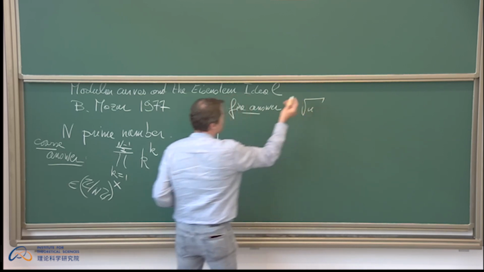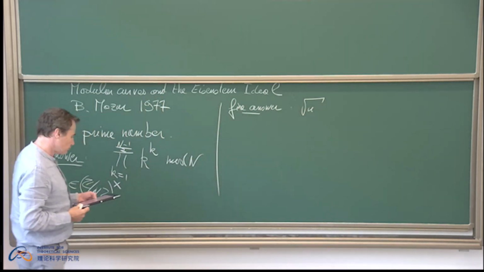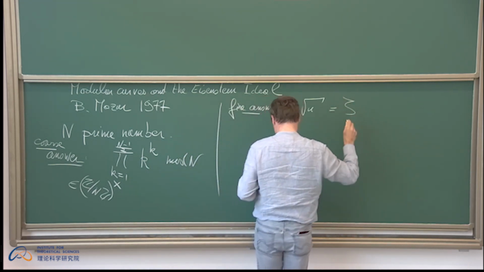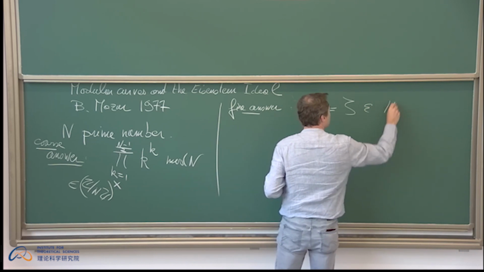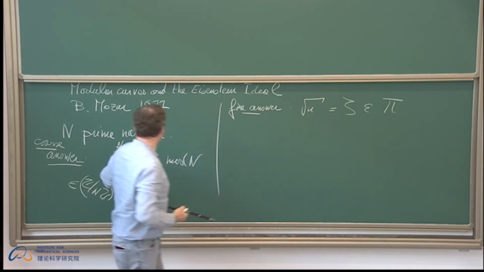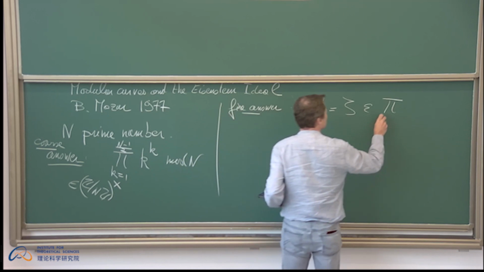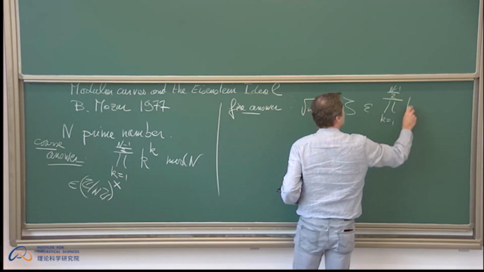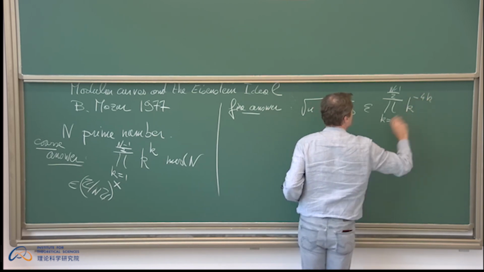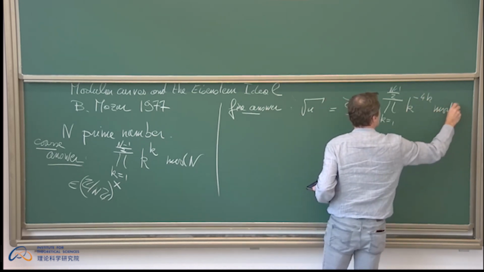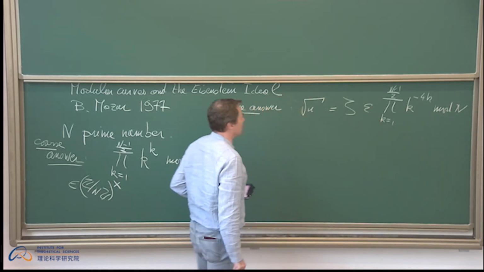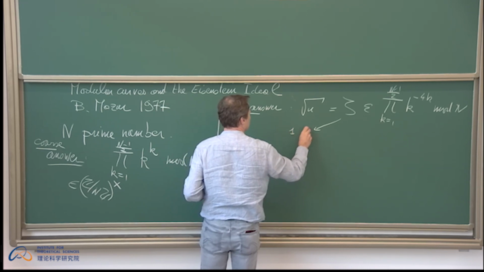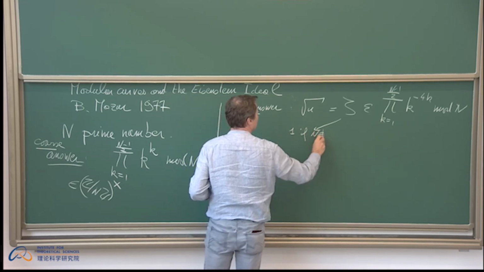So denote the number by square root of u, and it's actually theta times epsilon times actually this number to the power minus 4. So what are epsilon and theta? Theta is 1 if n is not congruent to 1 mod 3.